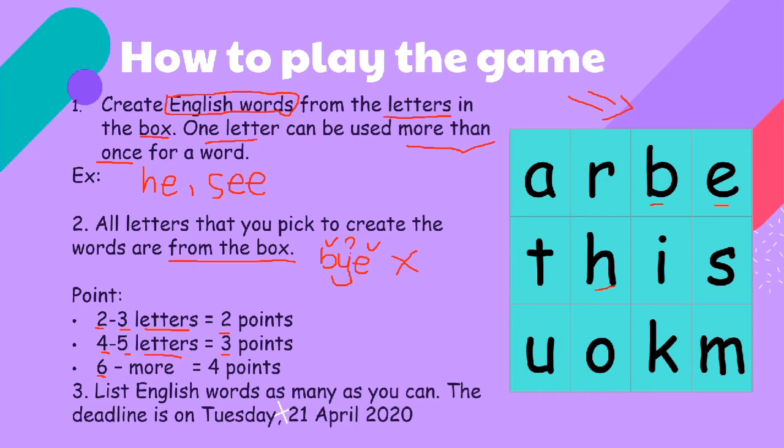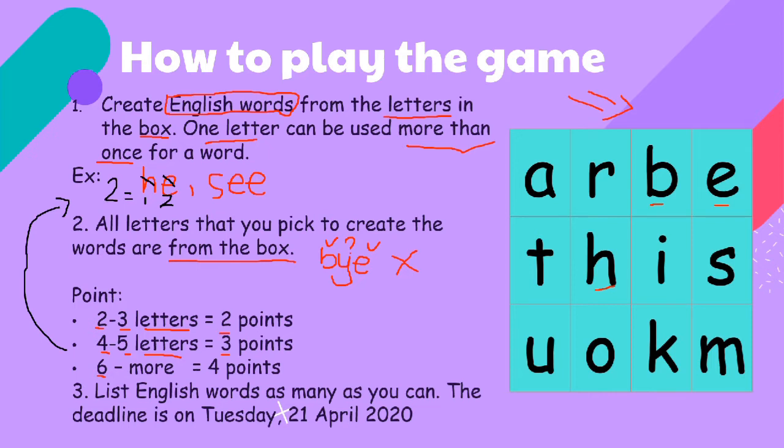For example, let me change my pen. Back to this point example. "He": how many letters? 1, 2. Because there are 2 letters, your points is 2. I've got 2 points.